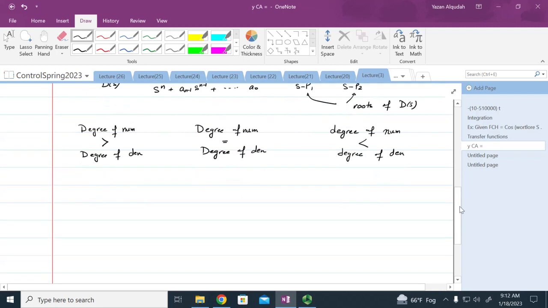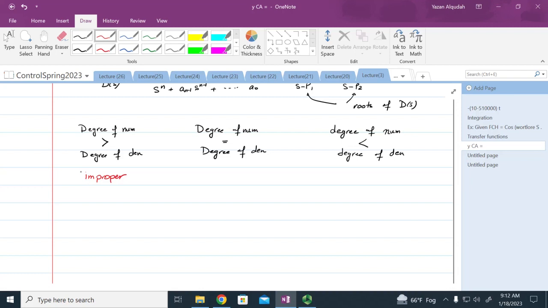Okay. So what do we call the transfer function that has a degree of the numerator greater than the degree of the denominator? We call it improper. What do we call the degree of the numerator equal to the degree of the denominator?